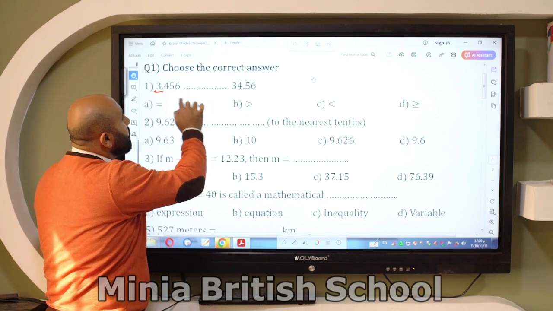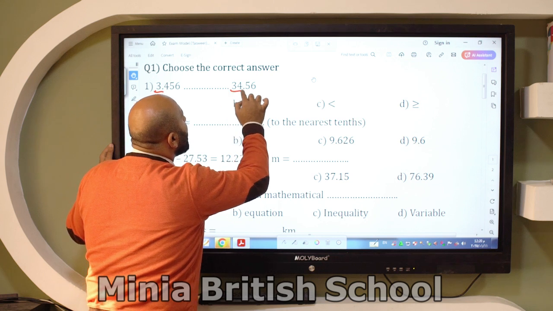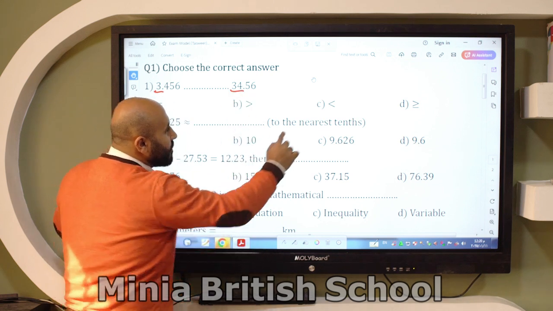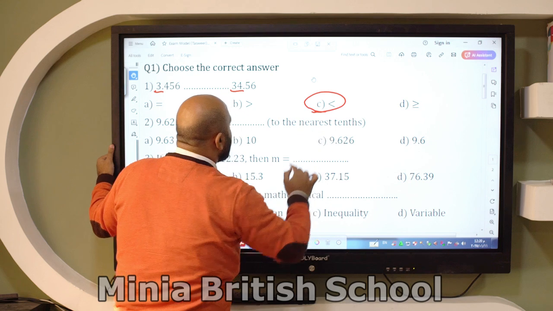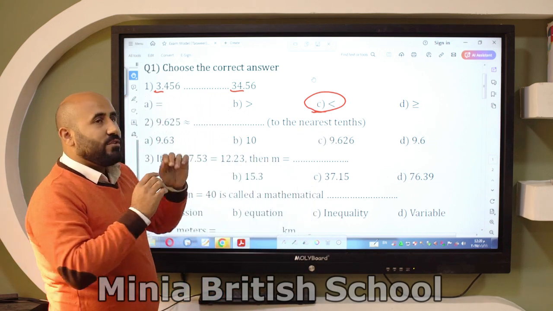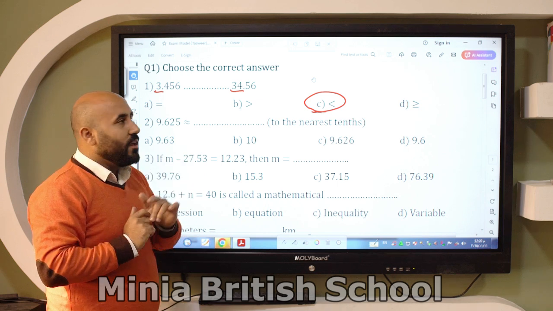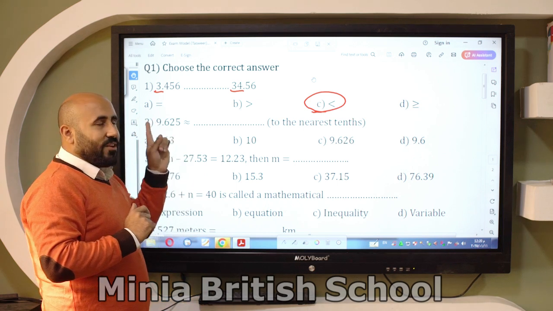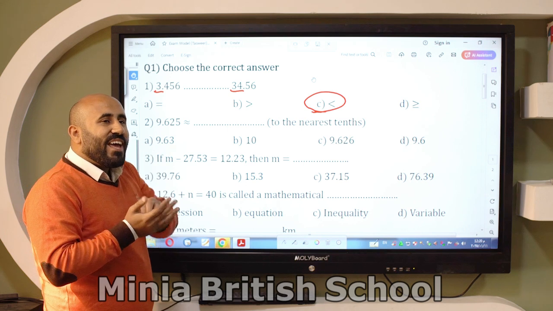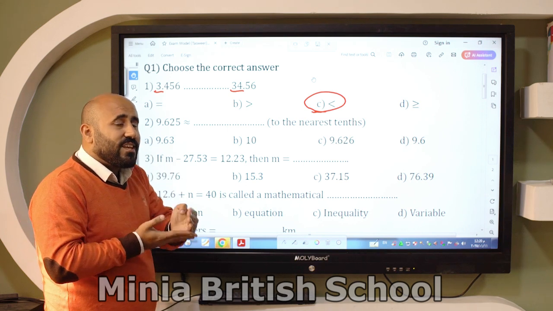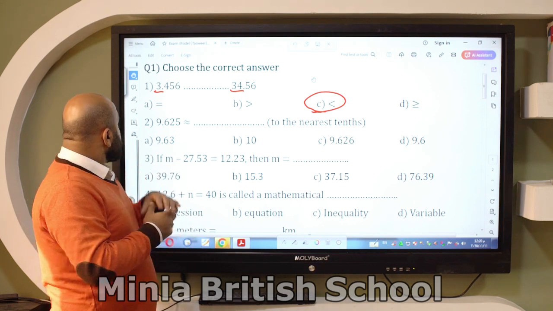I have 3, but on the other side I have 34. So I will choose this. Don't be tricked when you see the same digits and think they are equal. No, my dear student. Look at the decimal point, and look at the whole part. Read it first, then compare.